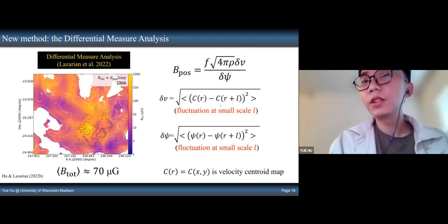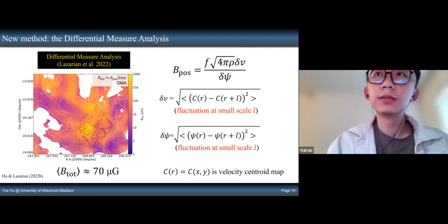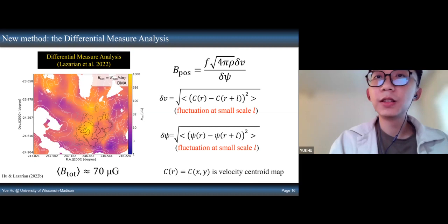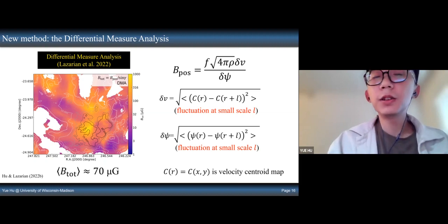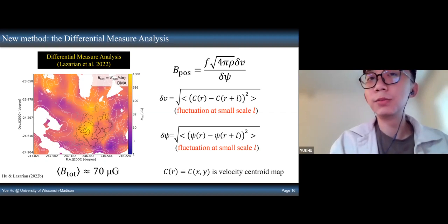This ensures both the velocity fluctuation and the angle dispersion are at the same small scale L. So we don't have such an underestimation of the angle dispersion, and we can safely say we have a better constraint on the magnetic strength. From this method, we find the total magnetic strength is reduced by a factor of 2, to 70 microgauss, which is closer to the Zeeman measurement.